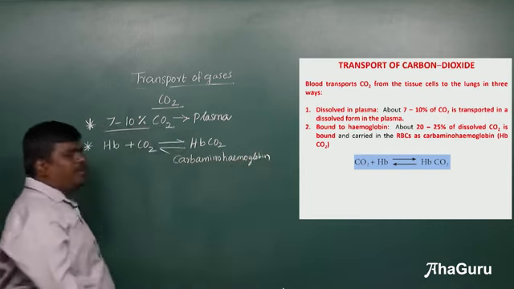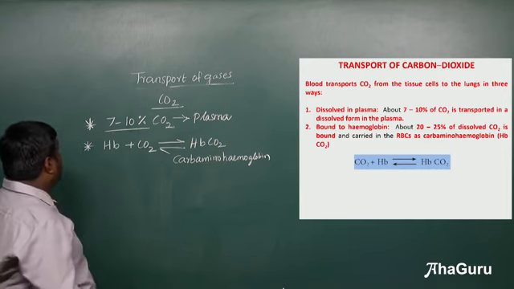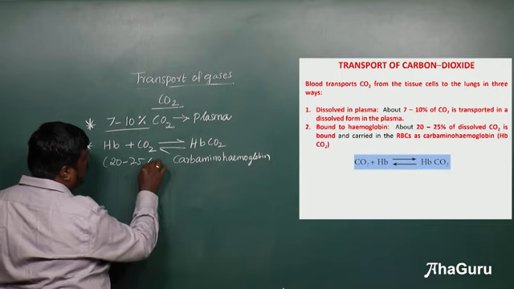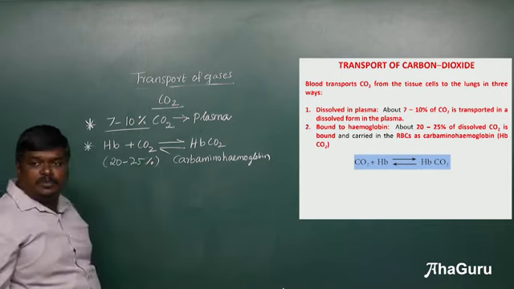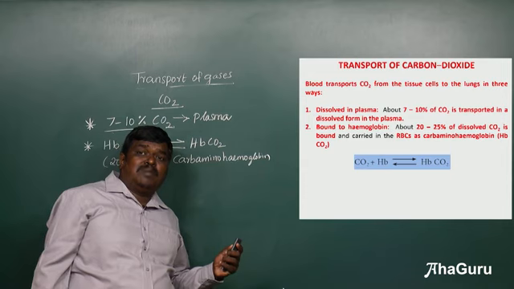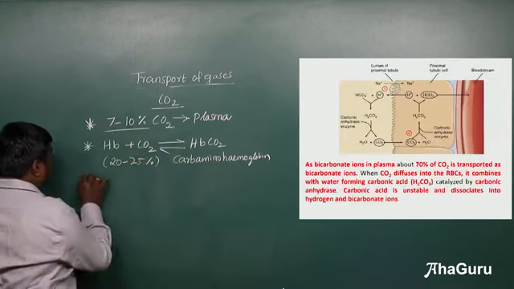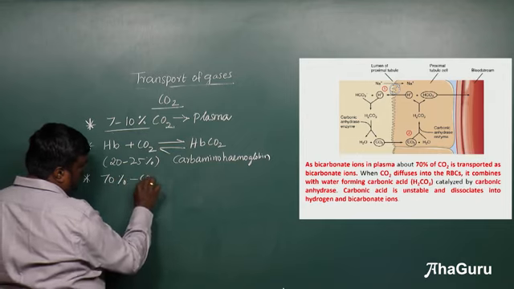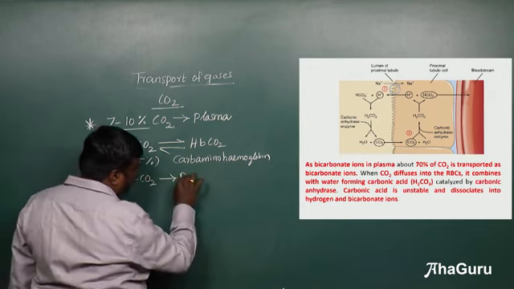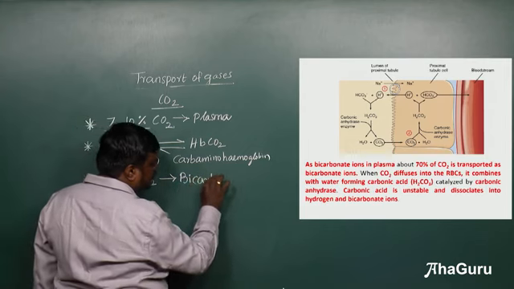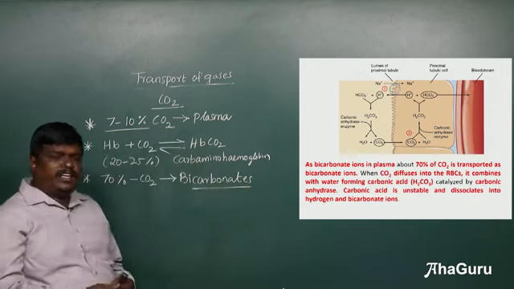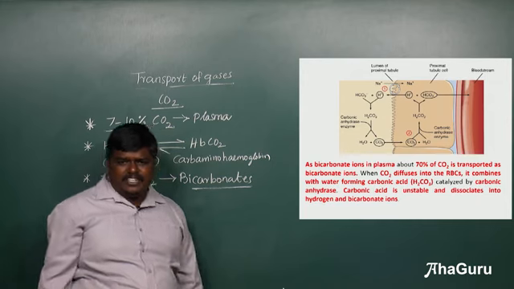In the form of carbaminohemoglobin, nearly 20 to 25 percent of carbon dioxide is transported, whereas the maximum transportation, nearly 70 percent of CO2, occurs in the form of bicarbonates. In the form of bicarbonates, nearly 70 percent are transported.